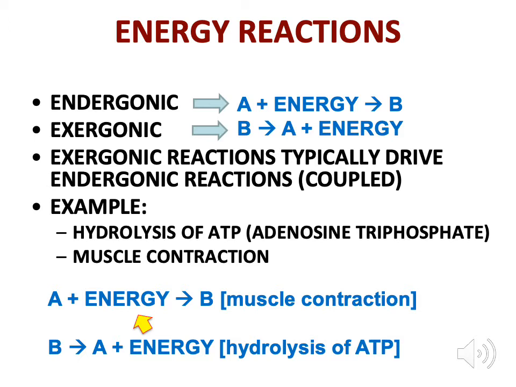Because in photosynthesis, we're taking simple ingredients, carbon dioxide, water, and the sun's energy, and we're creating a molecule of glucose. That's an endergonic reaction. The sun's energy is being consumed in the production of the glucose molecule.